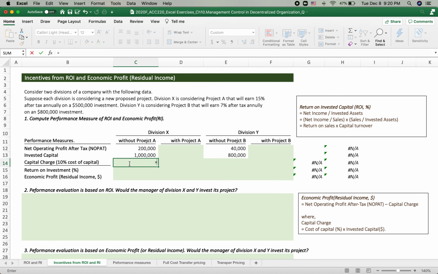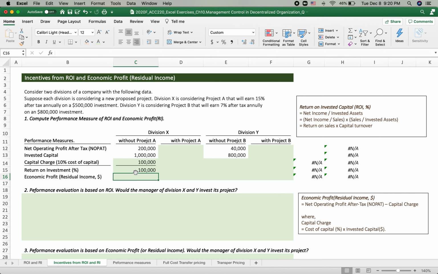The capital charge is invested capital times the cost of capital 10%. So $100,000 is the capital charge. The net operating profit after tax was $200,000 without project A. So we can just subtract this $200,000 minus $100,000.